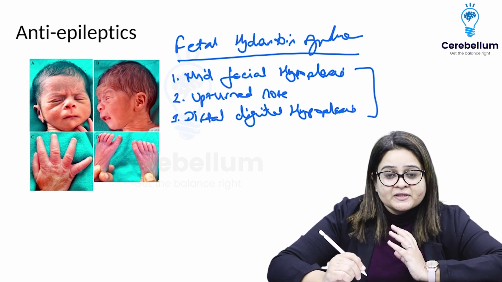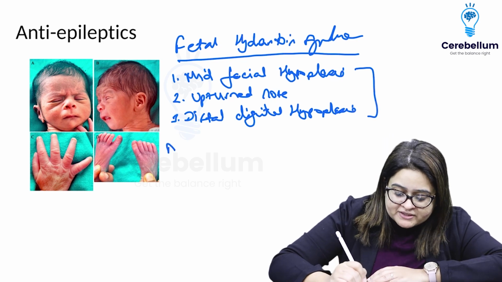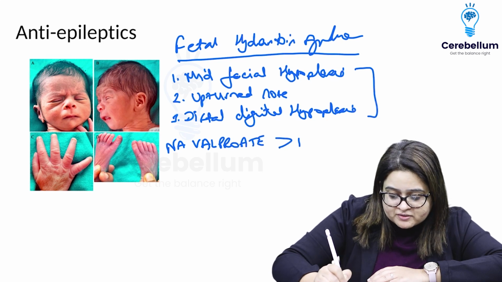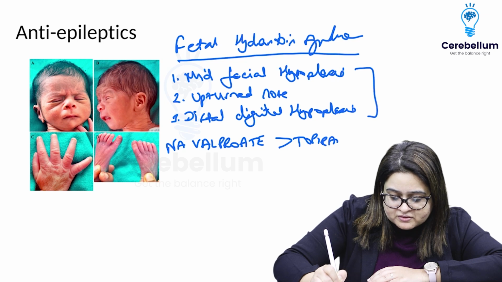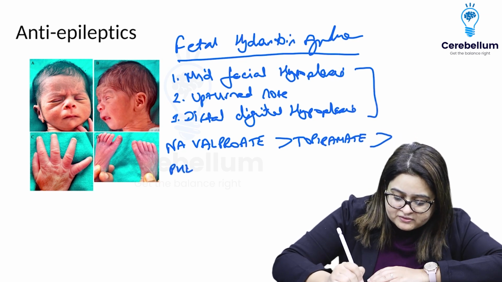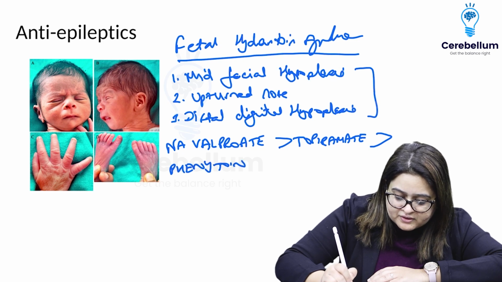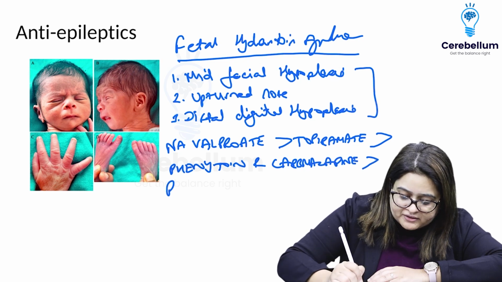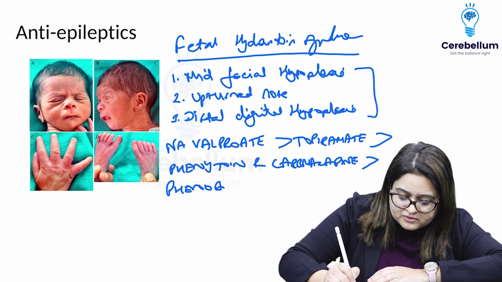Also remember, the maximum risk of anomalies is with sodium valproate, followed by topiramate, followed by phenytoin and carbamazepine, followed by phenobarbital.